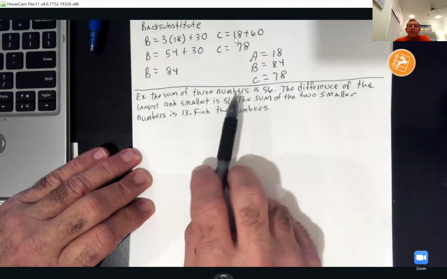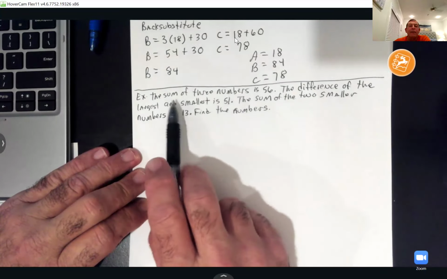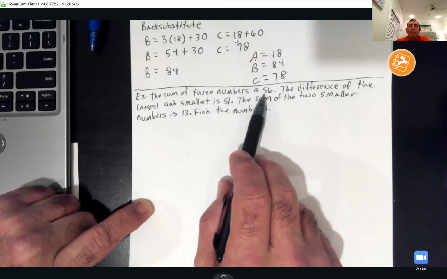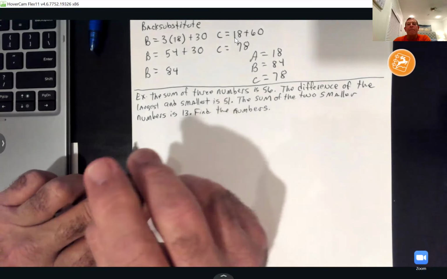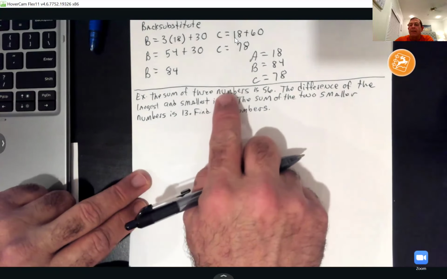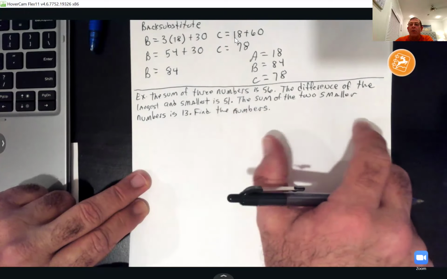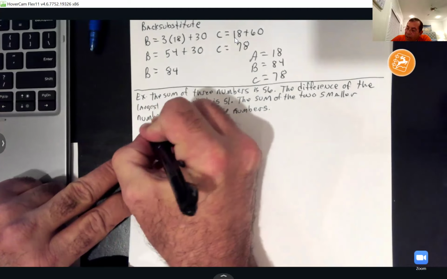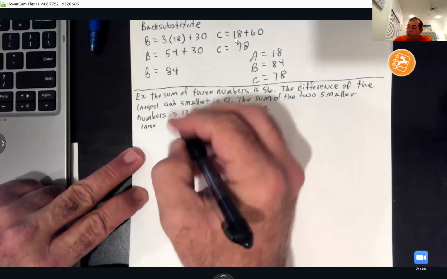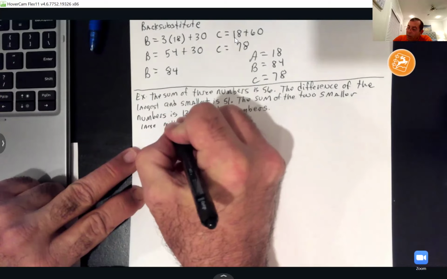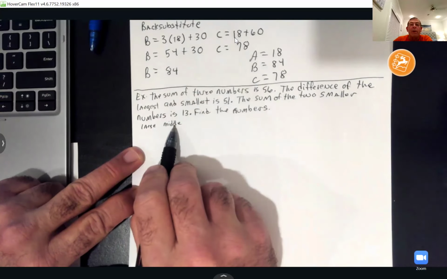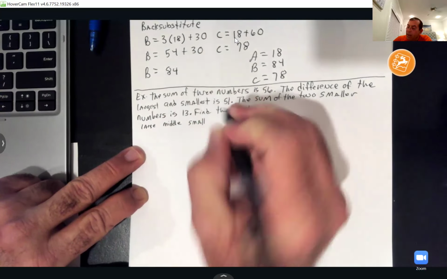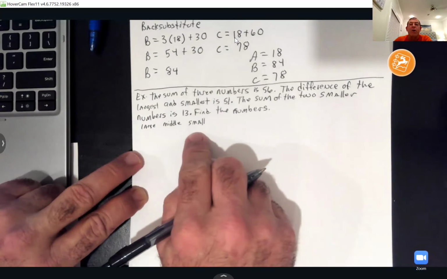All right, so I need to translate these into my sentences. The sum of 3 numbers is 56. Now, since I got 3 numbers and they're talking about small numbers, large numbers, I'm going to let the X column be my largest number. The Y column will be my middle number. And then the Z column will be for my small numbers.